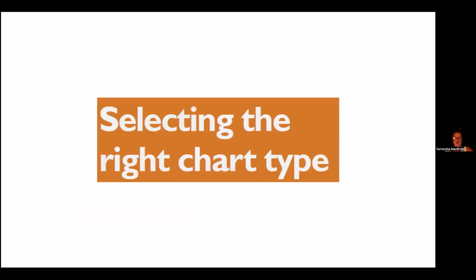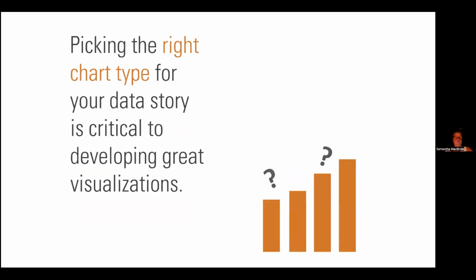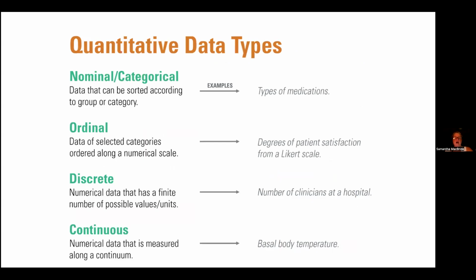So there are a number of factors that go into selecting the right type of data visualization. A bar graph like this is a very common method, but there are obviously a lot of other methods.